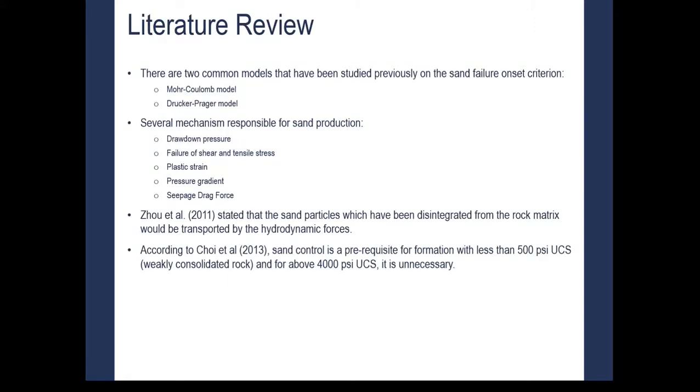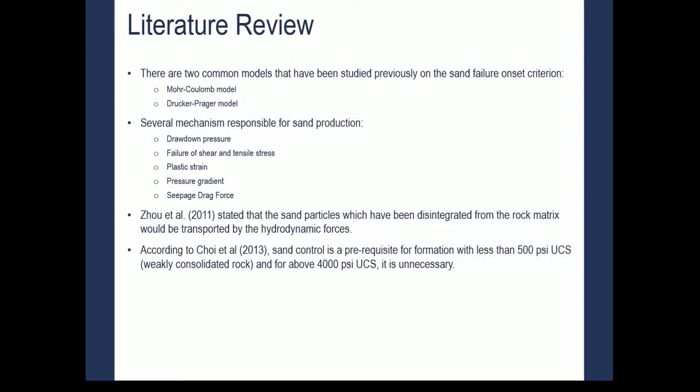Okay, so now we have come to the literature review section of the presentation. The two common models that are generally accepted and widely utilized for sand failure onset are the Mohr-Coulomb model and the Drucker-Prager model. According to Papamitsos and Furui, the key factor in the Mohr-Coulomb model is the effective stress at the borehole or perforation.